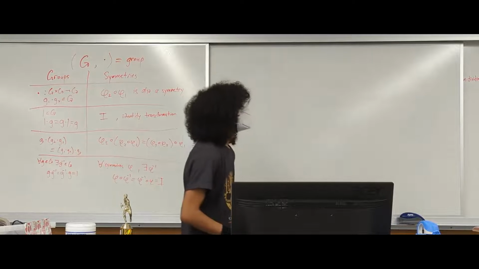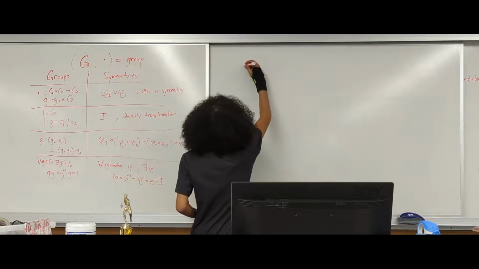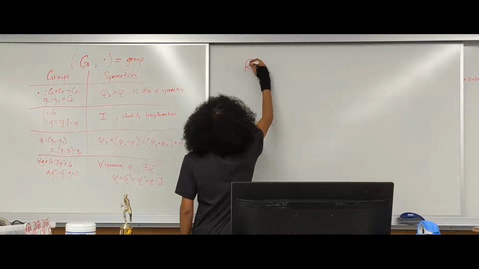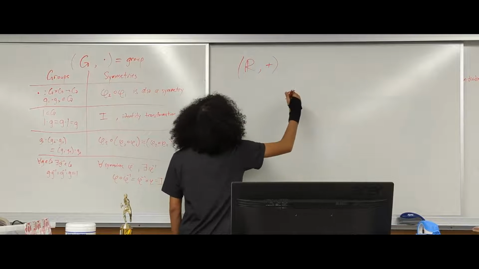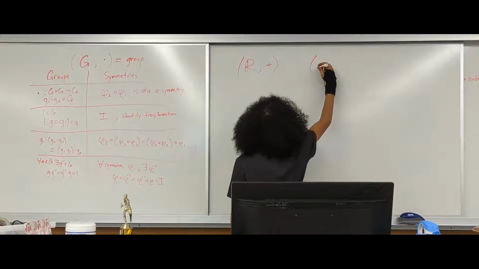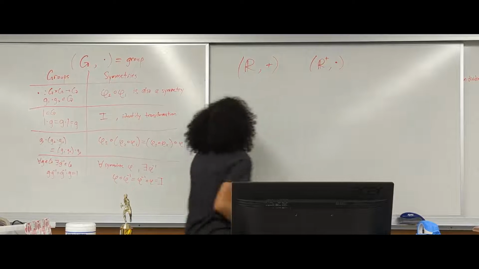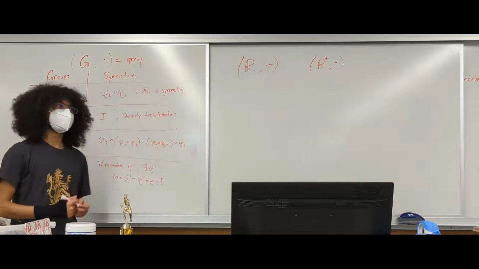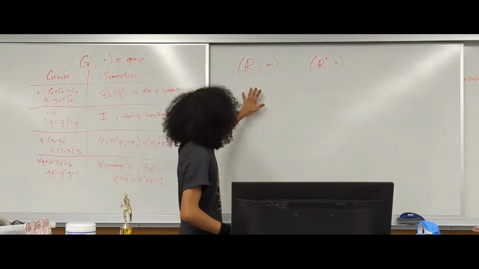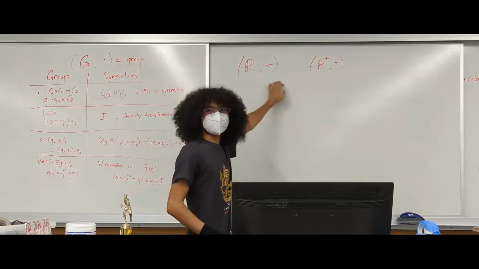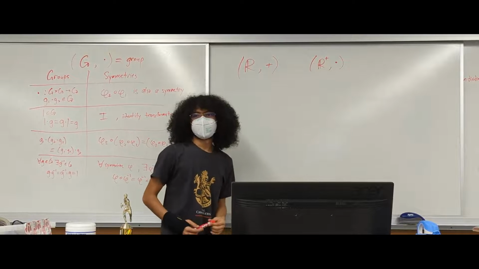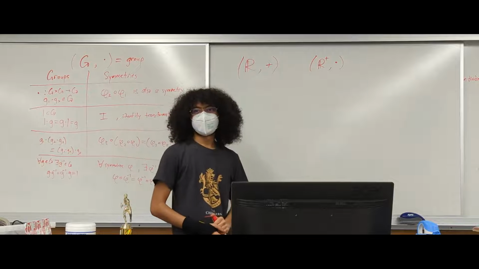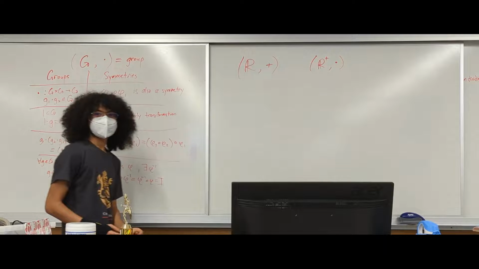So if we talk about our first group as the real numbers with addition, our second group is the positive real numbers with multiplication. Do you know a function that sort of takes the addition of numbers into a multiplication? I feel like you'll tell me and I'll kick myself for it, but I can't remember.